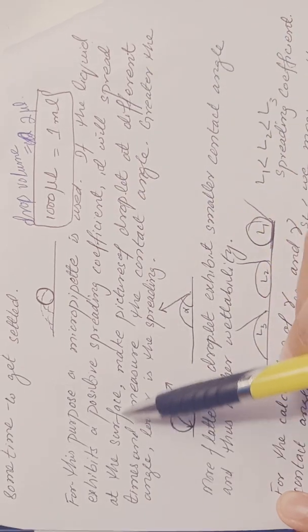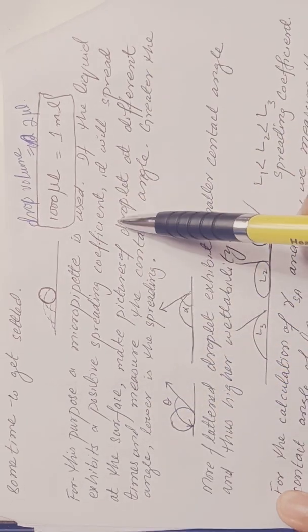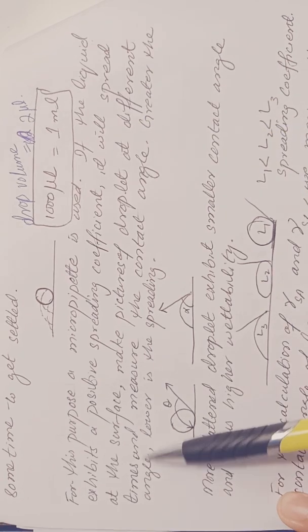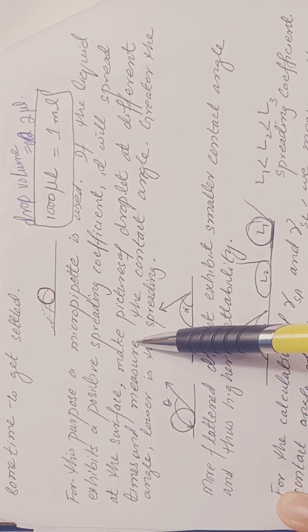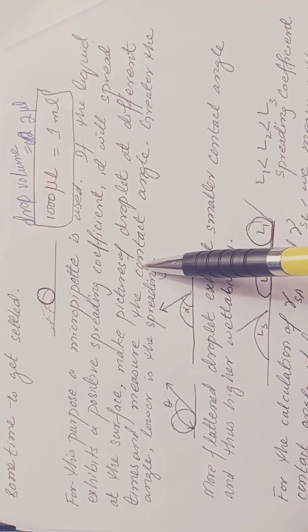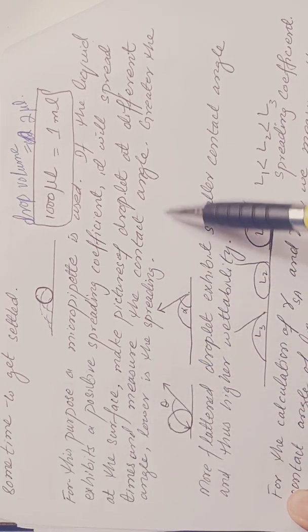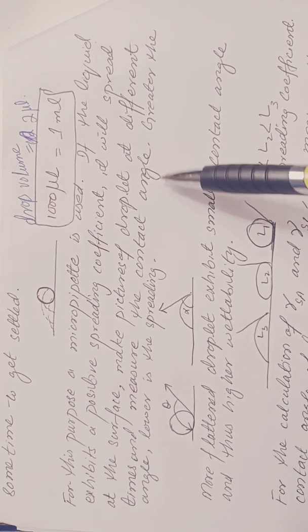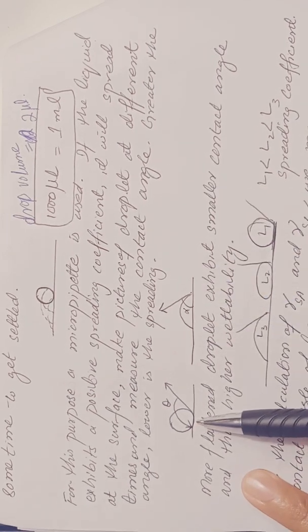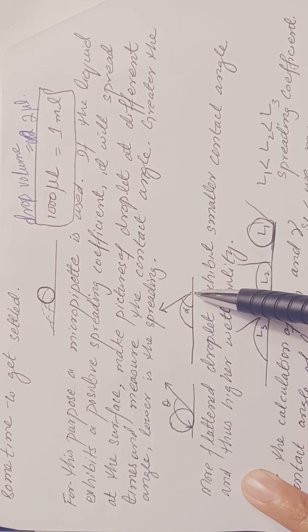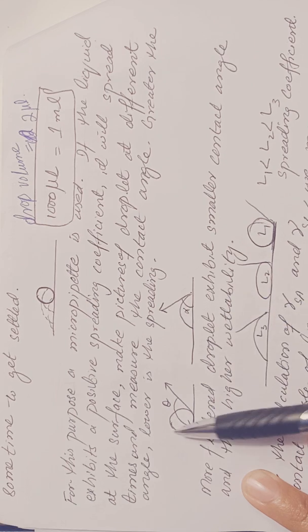If the liquid exhibits a positive spreading coefficient, it will spread on the surface. Then take some shots of the droplet at different times and measure the contact angle. Here we have an example of two droplets. This one is spreading better than this one.